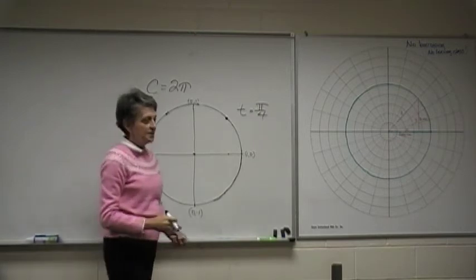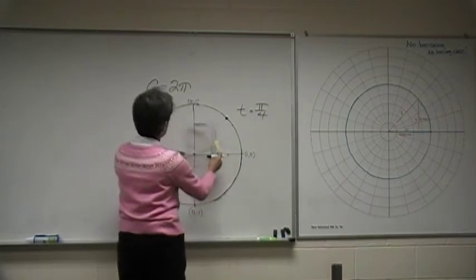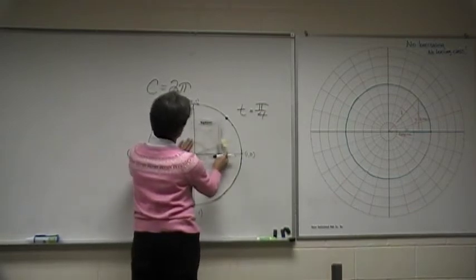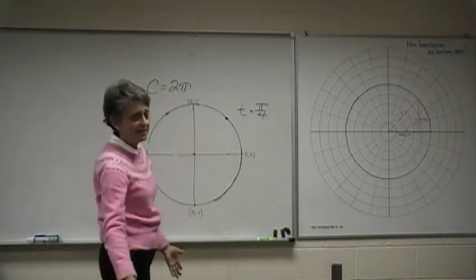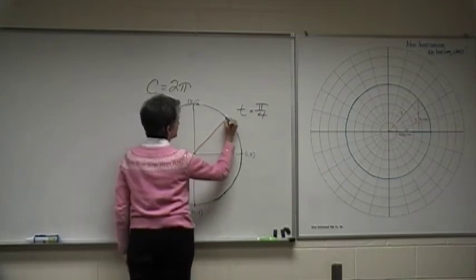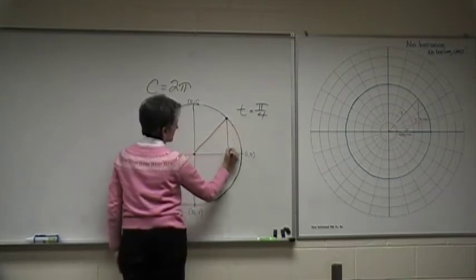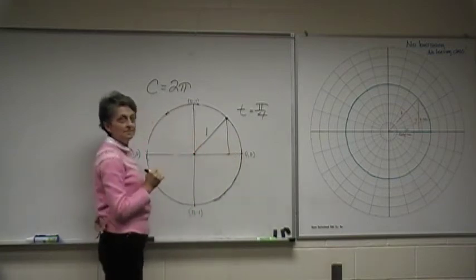Now, if we were using your trig trainer, and we thought about it, that would be exactly 45 degrees. If we're using this idea, then I have a radius of 1.